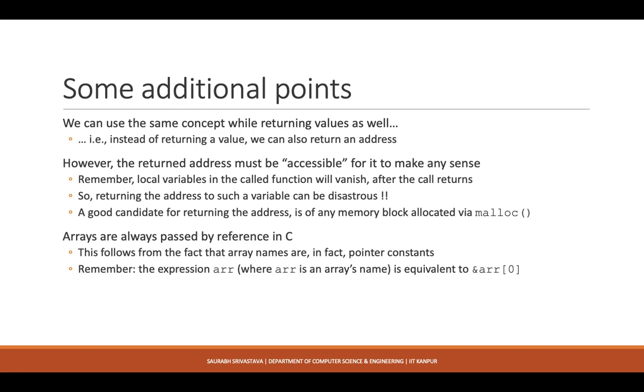They are not really something else. They are basically pointer constants. So if you remember, if I'm writing an expression like arr, where arr is the name of an array, that is essentially equivalent to writing ampersand arr 0, the address of the first element of the array.